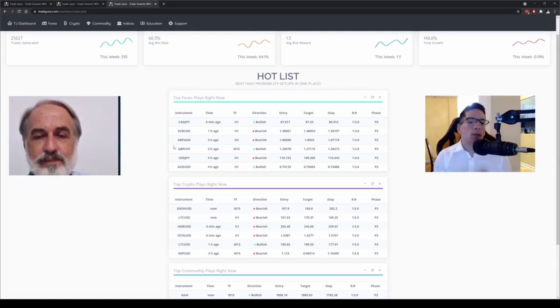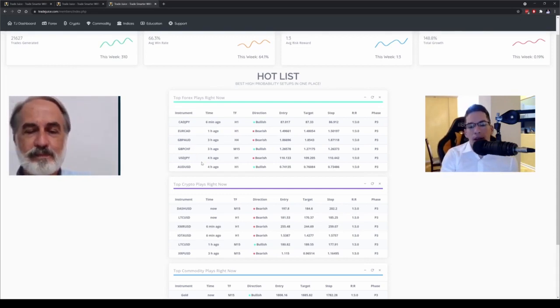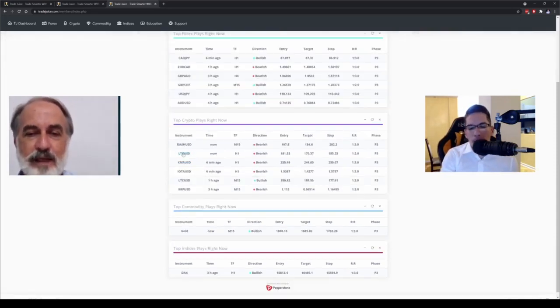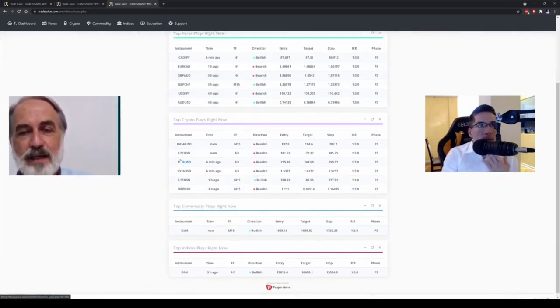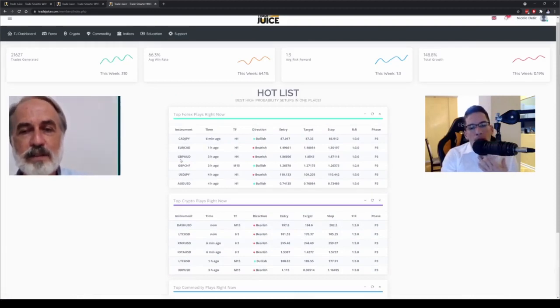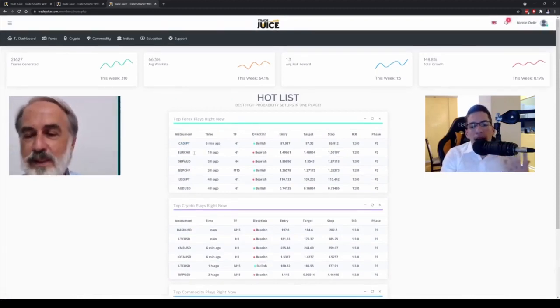It's not something that you can trade tomorrow, or you need to wait for this, or that. Everything here is something that you can use right away. And these are updated how often? Every few minutes? Yeah, everything is being updated every 5 minutes, automatically for you.